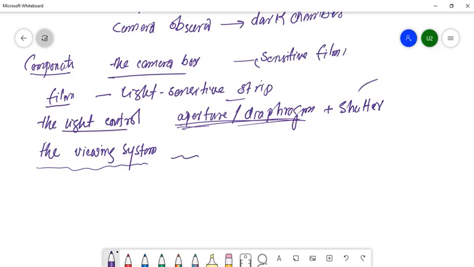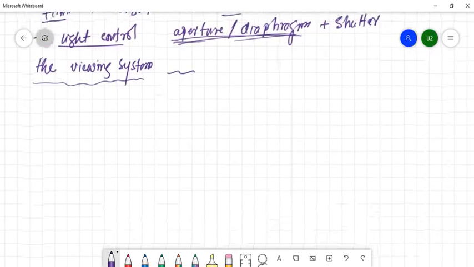Now coming to another topic, and that is laser, as you already know.